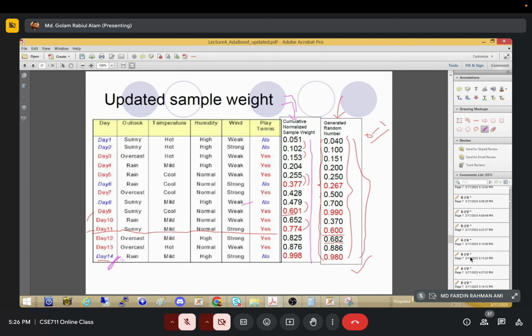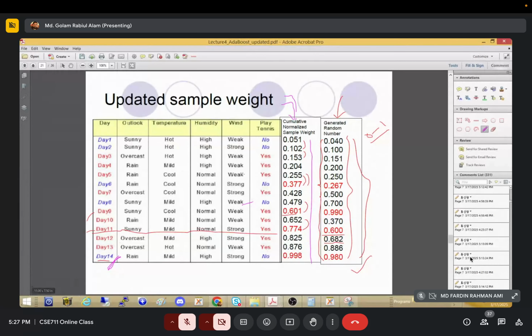I have generated a list here, and it will be different from yours. Each of you will generate random numbers, maybe whatever numbers you think of at that moment.